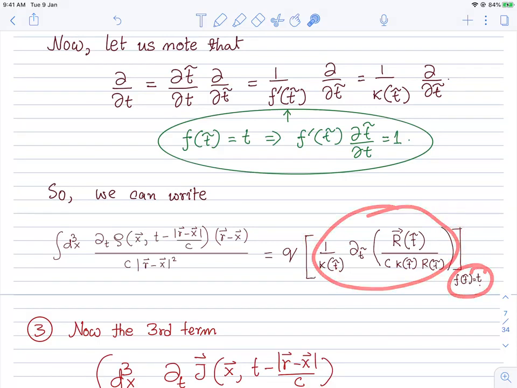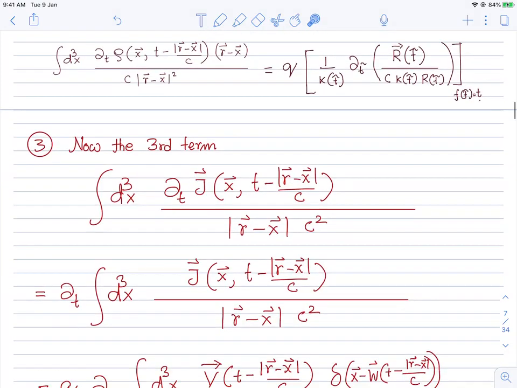At the end of the day, we have to substitute t tilde in terms of t using this retarded condition, because the fields we are interested in are at time t. So if you like, t tilde, the retarded time, is the time of the sources, and t is the time of the fields, the time at which we are interested. So this is the retarded time.